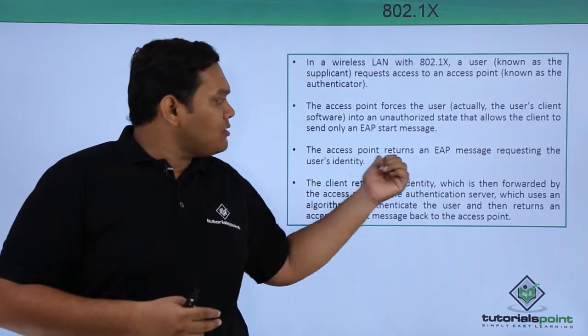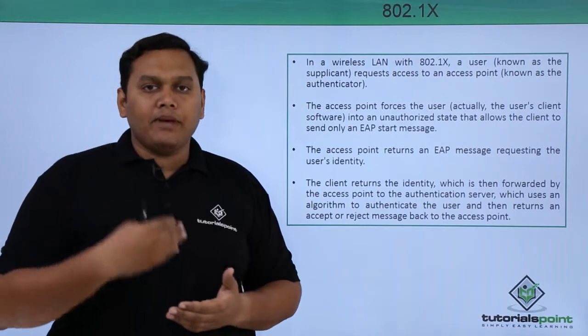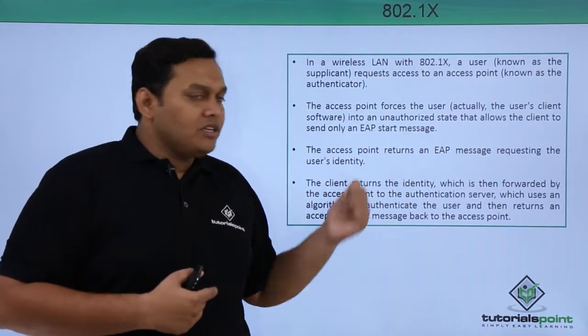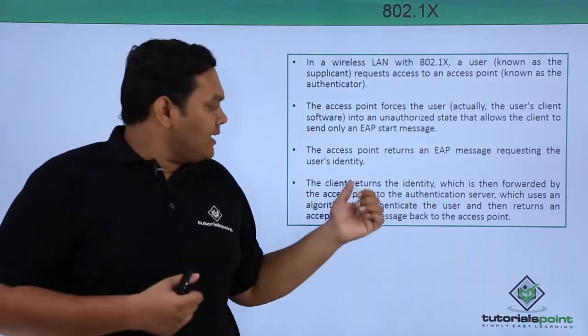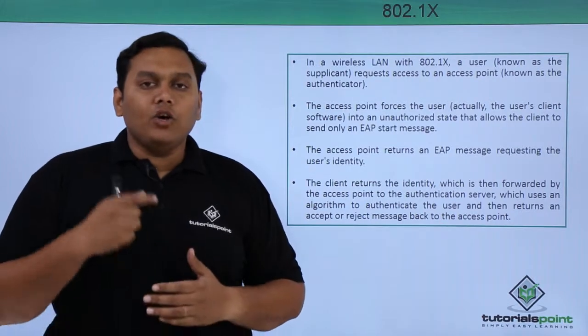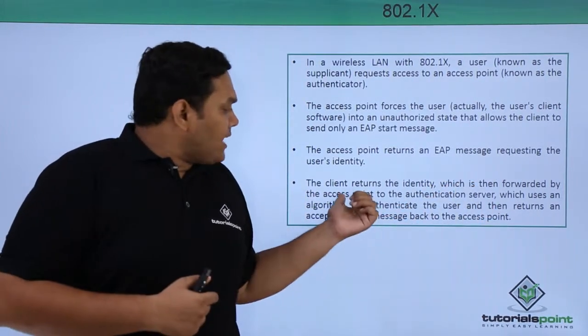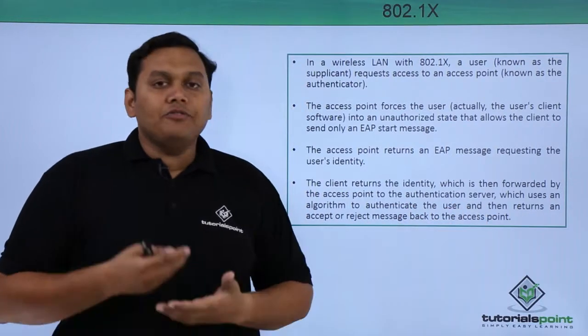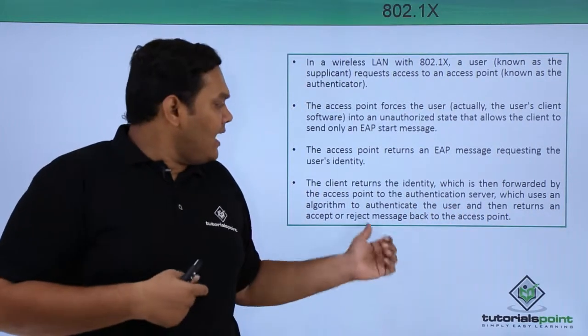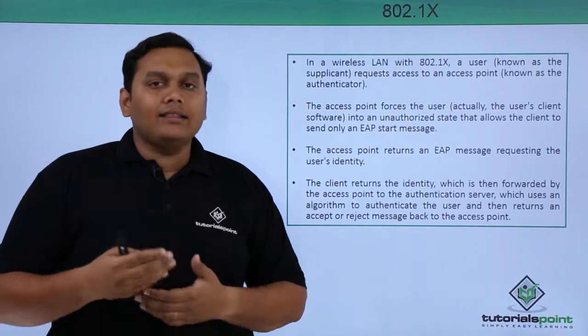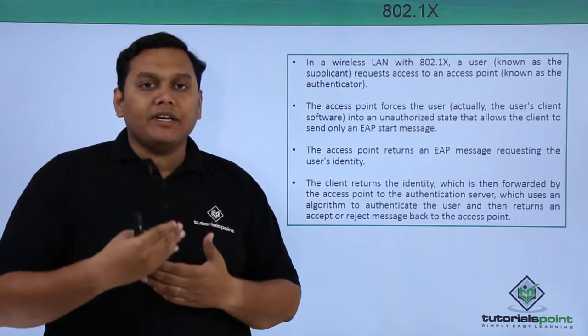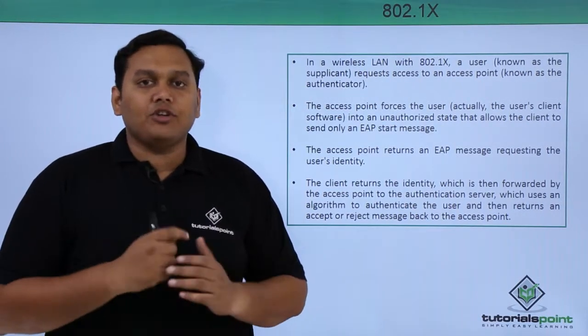The access point then returns an EAP message requesting the user's identity, and the client returns the identity, which is forwarded by the access point to the authentication server. The server uses this identity to authenticate the user and then returns an accept message or a reject message based on it.